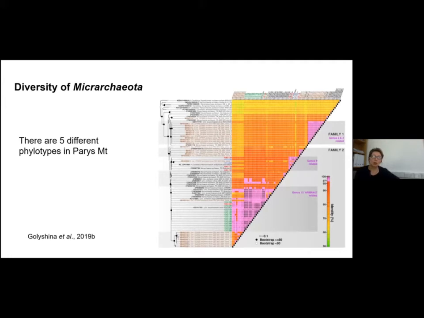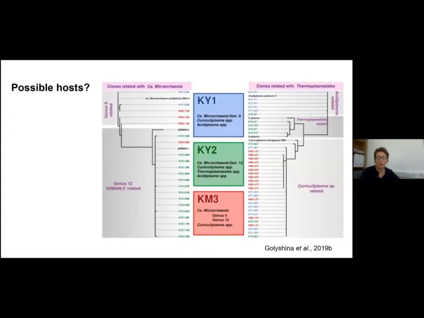So how diverse are Micrarchaeota? They are quite diverse, and actually they could be quite diverse even in one place, like for example in Parys Mountain, where we discovered in our metagenomic data 5 different phylotypes of Micrarchaeota.